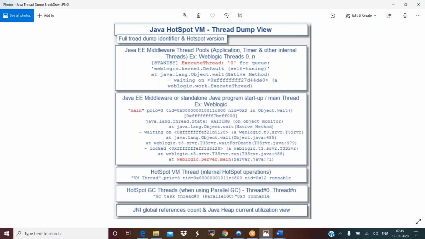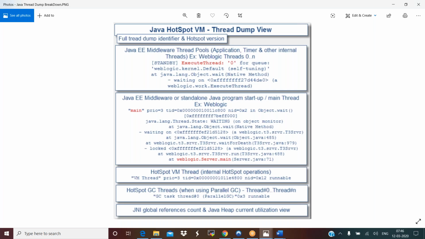You have to investigate all these areas depending upon your problem pattern. Depending upon the type of problem that you see from every thread dump section, you will understand which area you have to go to and investigate.